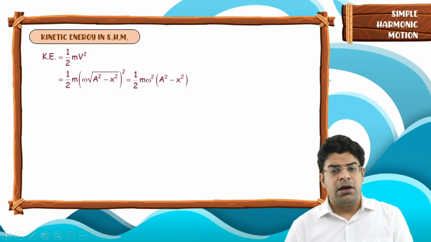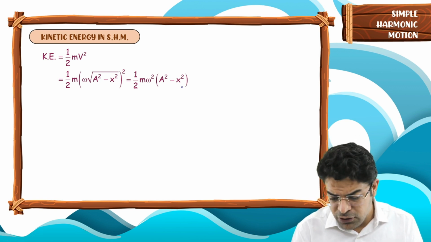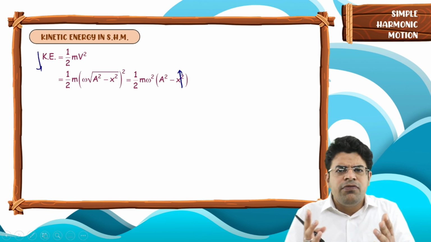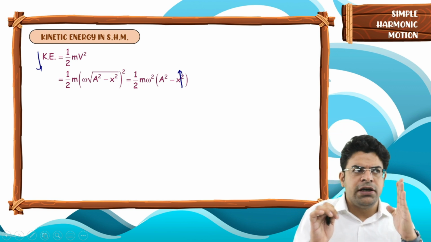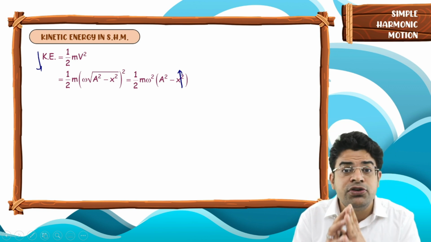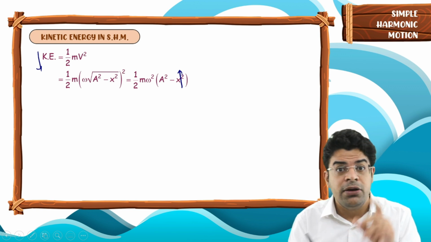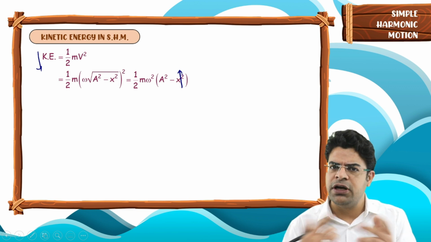Now here I would like to focus on small things. As the value of x increases, kinetic energy will decrease. Isn't it obvious? As the particle goes away from the mean position, the kinetic energy will decrease. At mean position, kinetic energy is maximum. How much? Half m omega square a square. Because the speed is omega a, so kinetic energy has to be half m omega square a square.